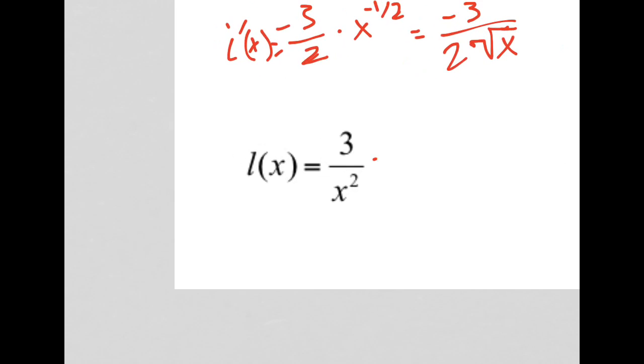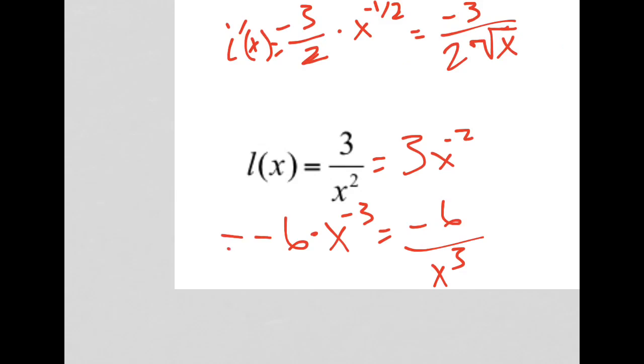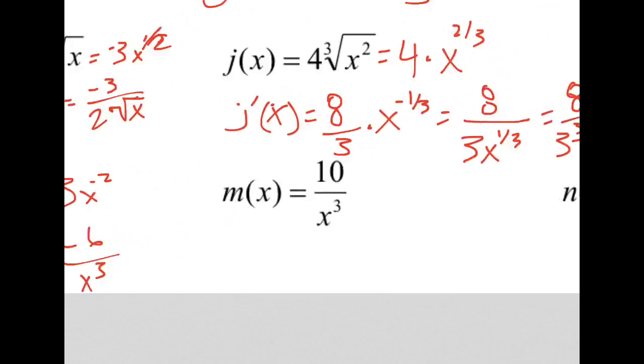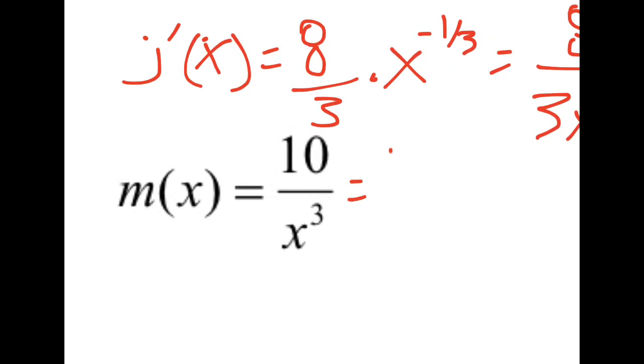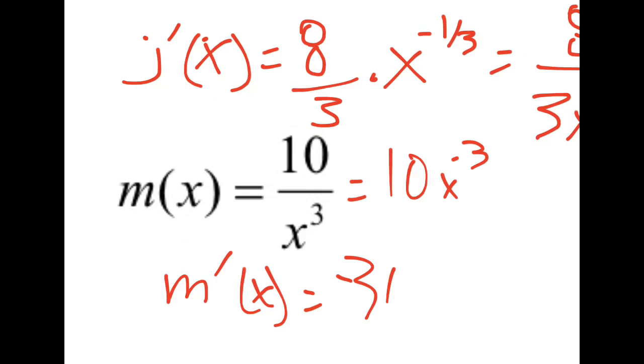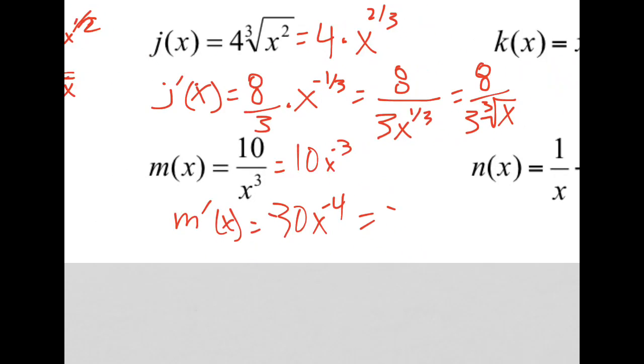Okay, getting through them, rewrite this as 3 times x to the -2nd, and then we've got -6 times x to the -3rd, which is -6 over x cubed for our L prime of x function there. M of x, same thing, rewrite it 10x to the -3rd to get m prime of x equals -30 x to the -4th, which is, of course, -30 over x to the 4th.